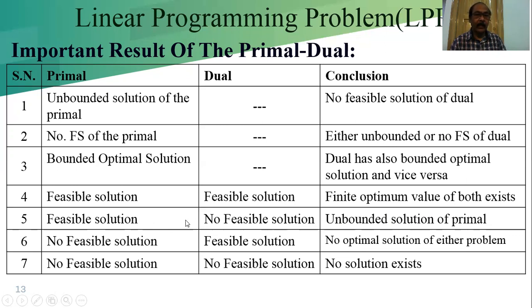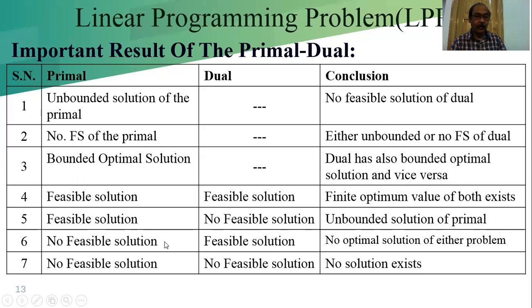Feasible solution in the primal, but we are not getting a feasible solution in the dual: either unbounded or no feasible solution in the dual. Feasible but unbounded means that from that we conclude no feasible solution of the dual. Feasible but no feasible solution in the dual: from that we can conclude an unbounded solution of the primal.